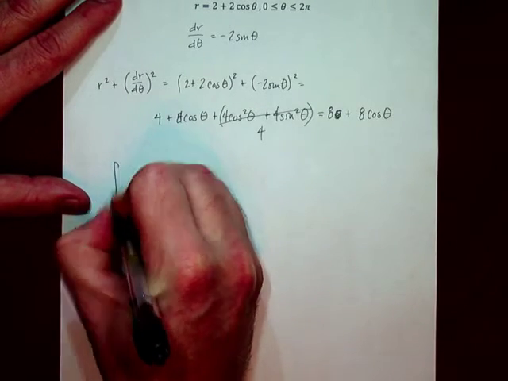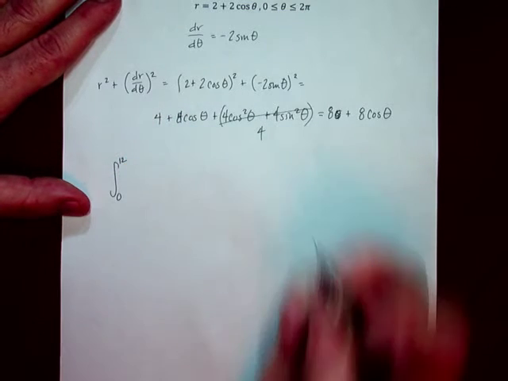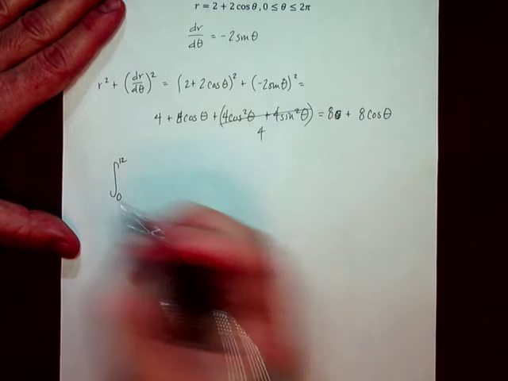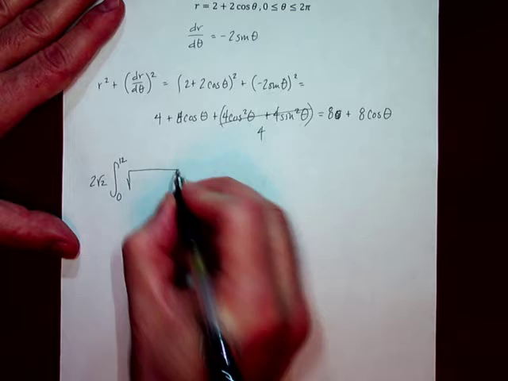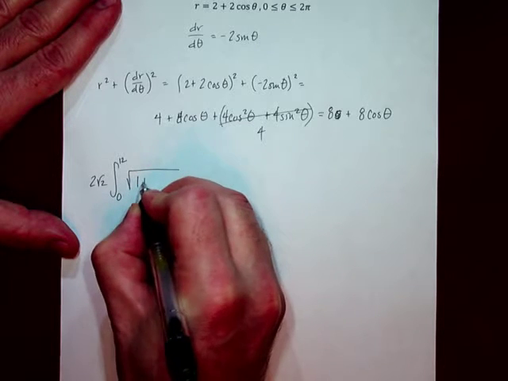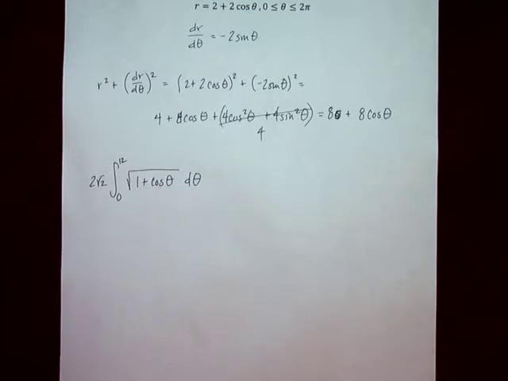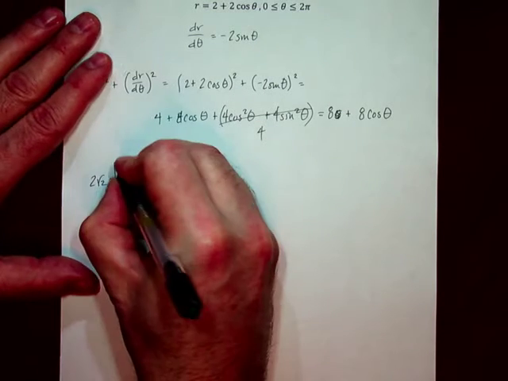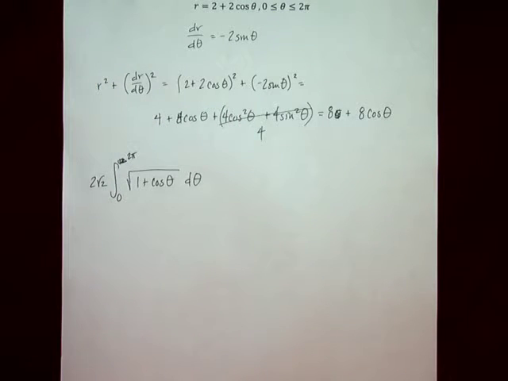If we plug that into our formula, you can at least factor the square root of 8 out, giving 2 root 2, and under the radicand you have 1 plus cosine theta. That's probably possible to do by hand, but let's just plug it into our calculator.